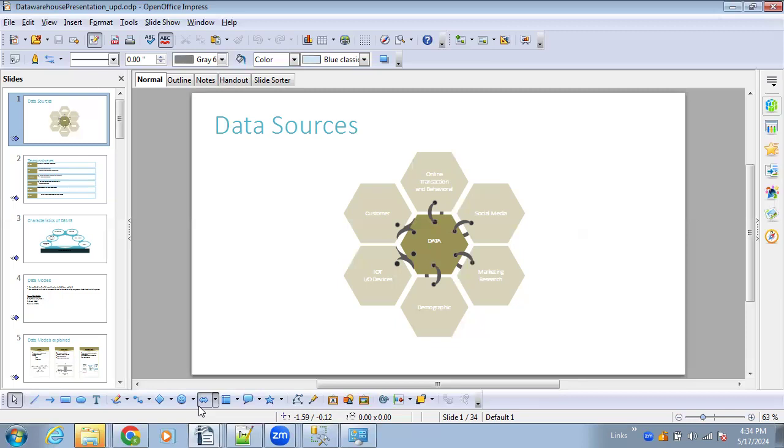So how many facts are there? Three facts. What are they? Additive fact, non-additive fact, semi-additive fact. What do we mean by additive fact? The fact values that are summed up across all the dimensions.